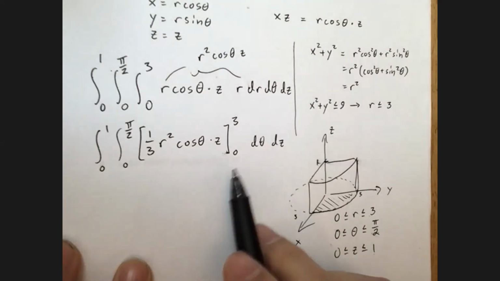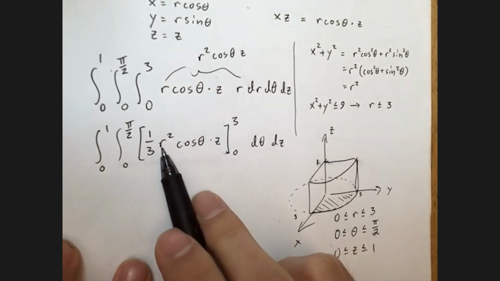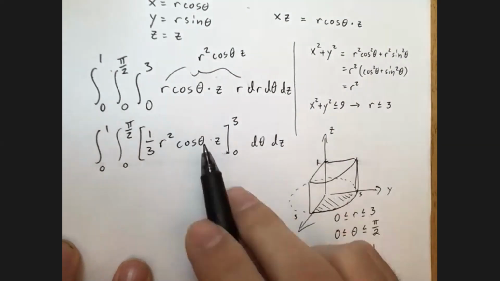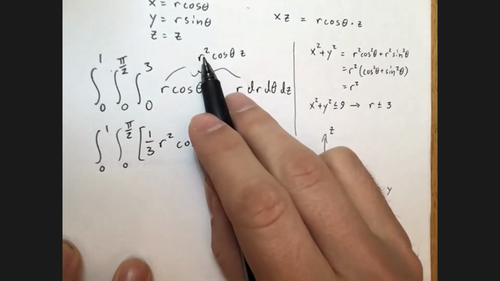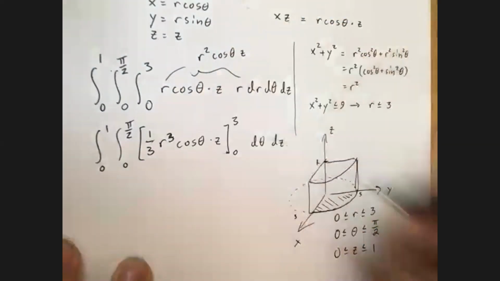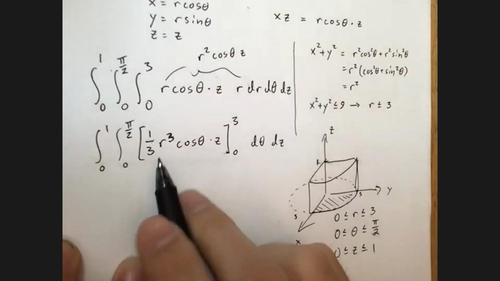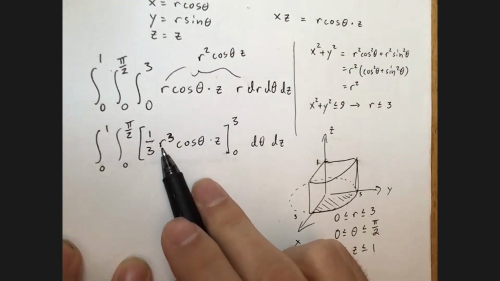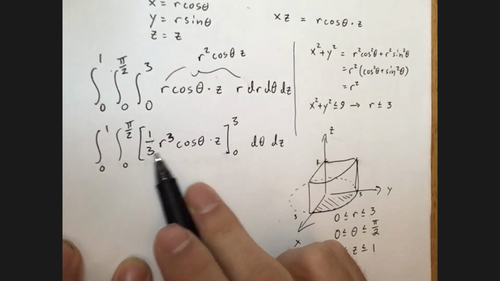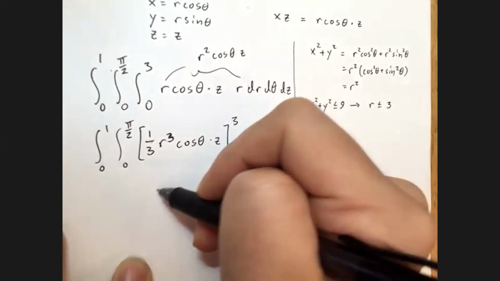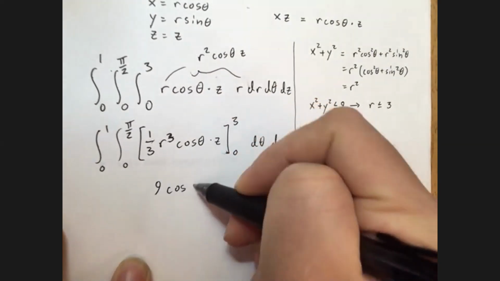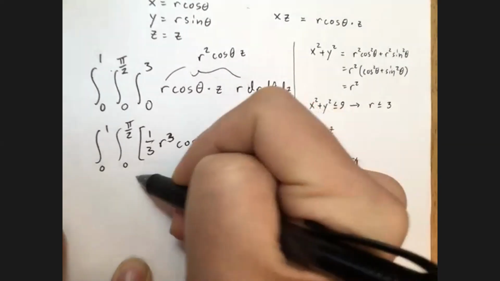Antiderivative of r squared is 1/3 r cubed. Right? Okay. So when I plug in the 3, I get 27 divided by 3 is 9. When I plug in 0, I just get 0. So this thing is just 9 cosine theta times z.